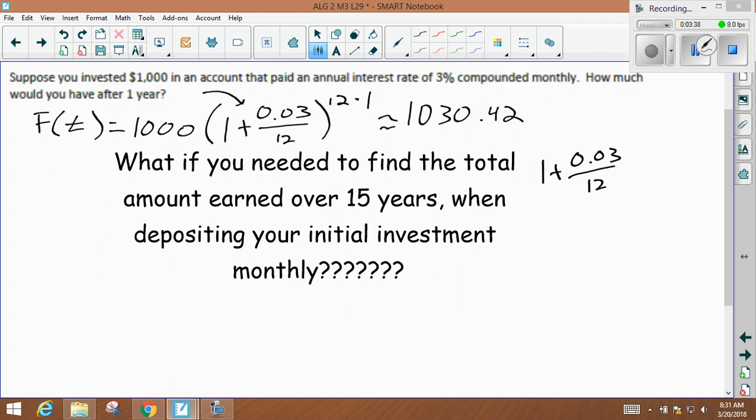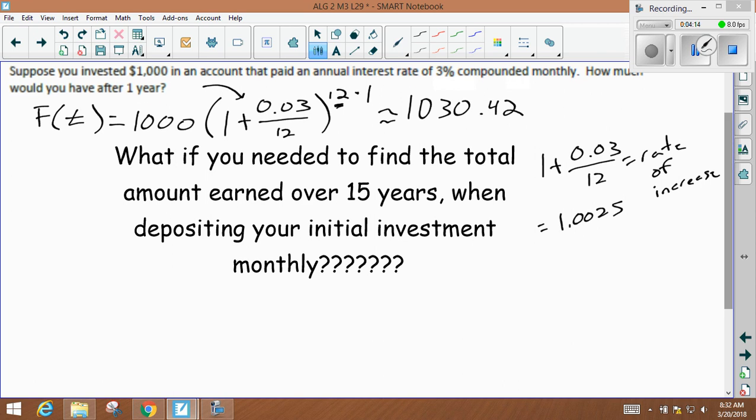It's our rate of increase every month, our monthly increase. Because if we're going monthly, then the exponent just becomes 1, not 12 anymore. So that turns out to be equal to 1.0025.